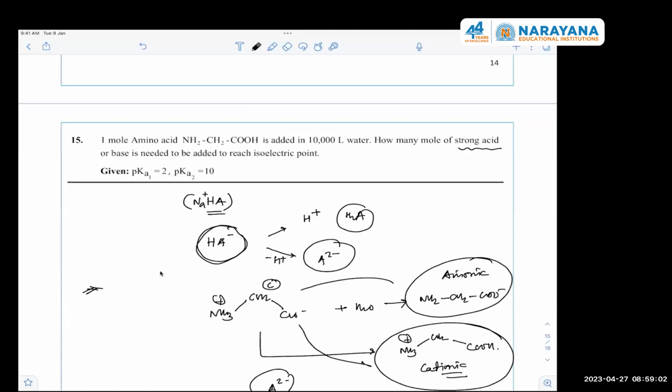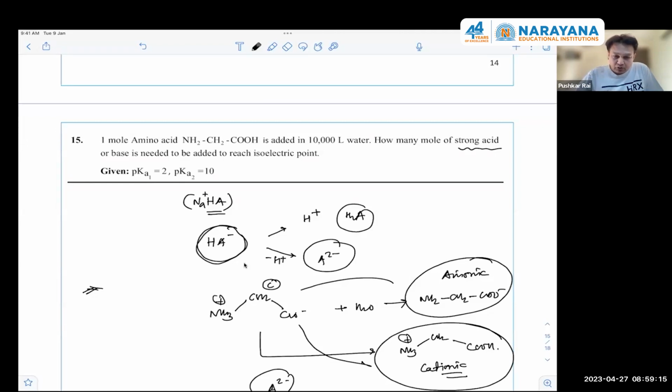If you have a little bit less understanding, you can ask me, sir, what is the isoelectric point? Tell me how to get the pH of this, and I'll show you. Students already confuse between which point and which point: the neutral point and the isoelectric point are confused. If I ask you what is the neutral point, you have added amino acid into the water, so it's not going to attain the isoelectric point.